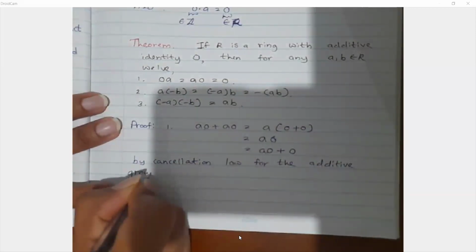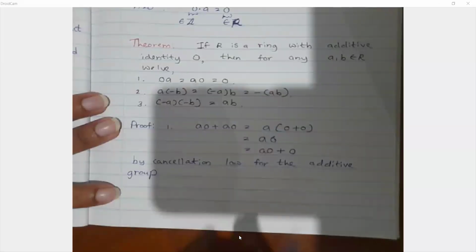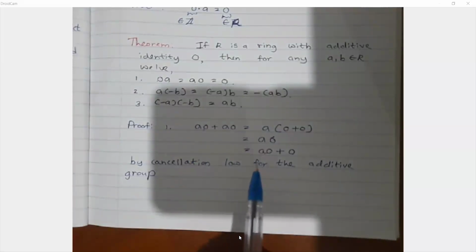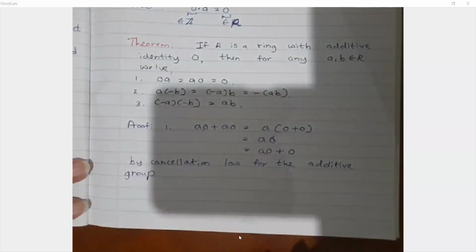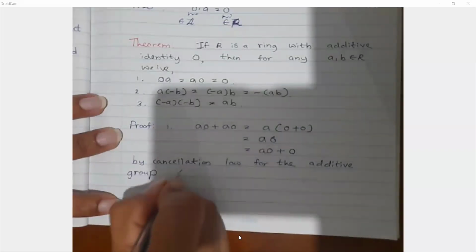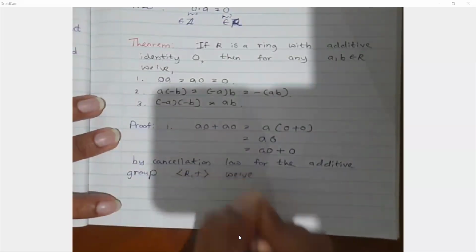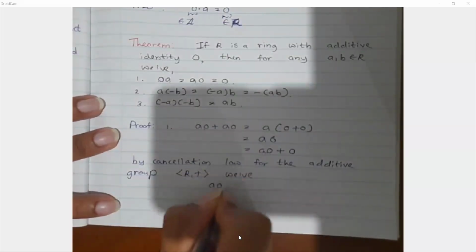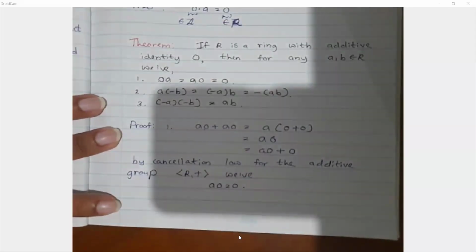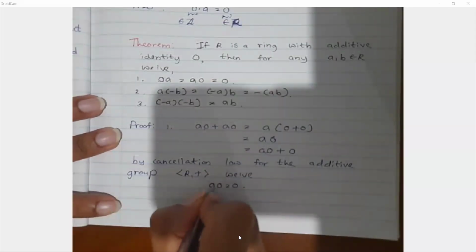Here we use the cancellation law for this additive group. We cancel out A0 from the right on both sides. In the additive group R plus, we have A0 equal to 0. A times 0.